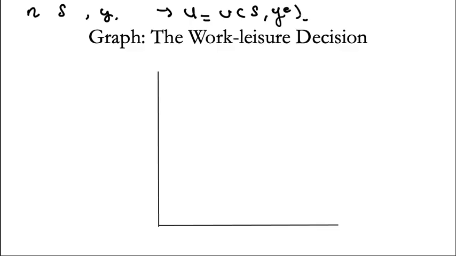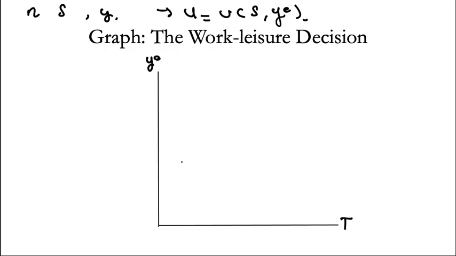For this diagram, we have total time here. As you move to the right, you spend more leisure. As you move to the left, you spend less leisure, meaning more hours of working. Now what is on the vertical axis? Your expected income.